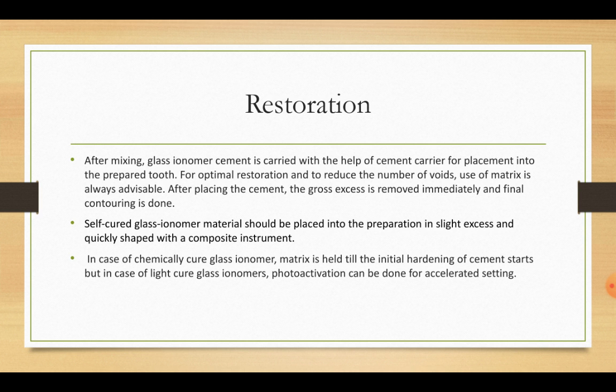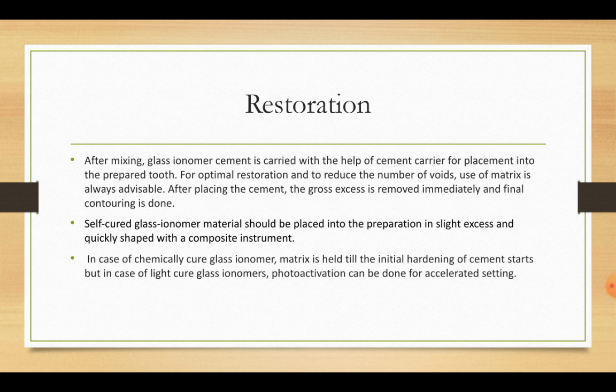In case of chemically cured glass ionomer or self-cured glass ionomer, the matrix is held till the initial hardening of the cement starts. That means the matrix is to be held there till the initial hardening of the cement starts, approximately 4 to 5 minutes. But in the case of light cured glass ionomers, photo activation can be done for accelerated setting.